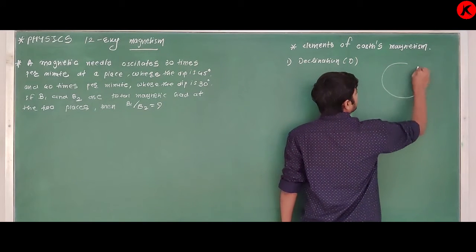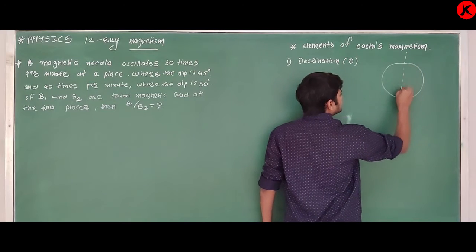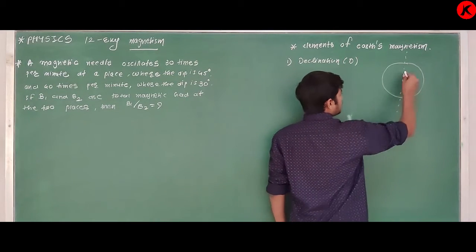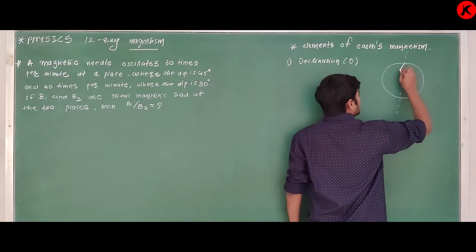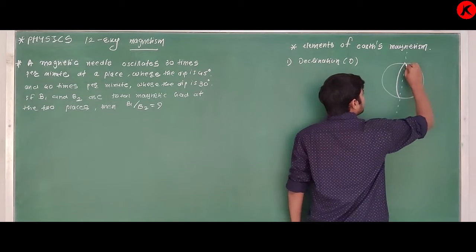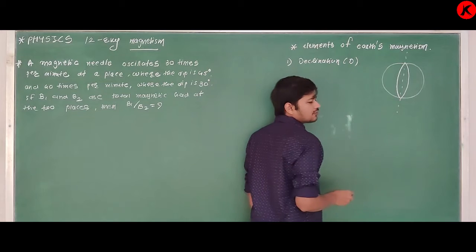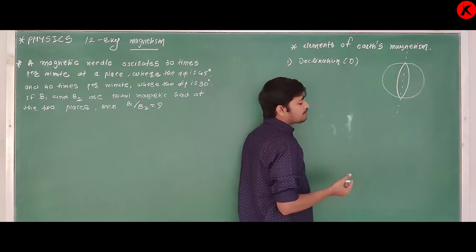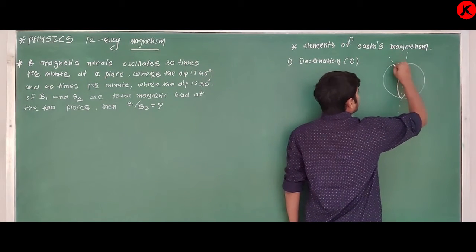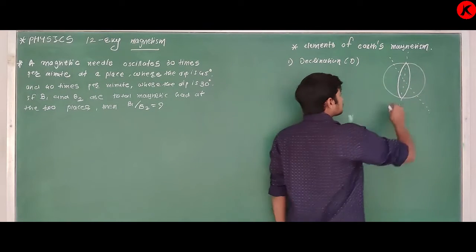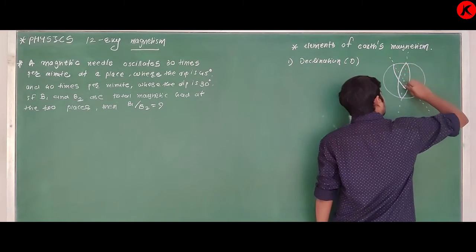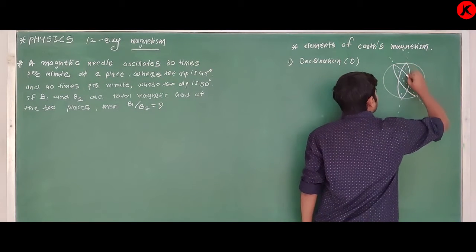For example, it is Earth. It is its axis of rotation. Then it is called its geometrical axis. A plane which is passing through the geographical axis is called geographical meridian. Earth having some magnetism, it has a magnetic axis, and it has a magnetic meridian.